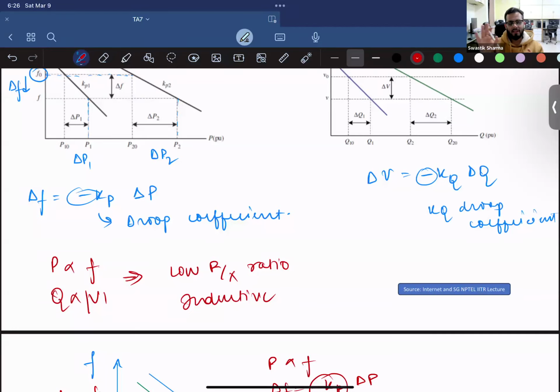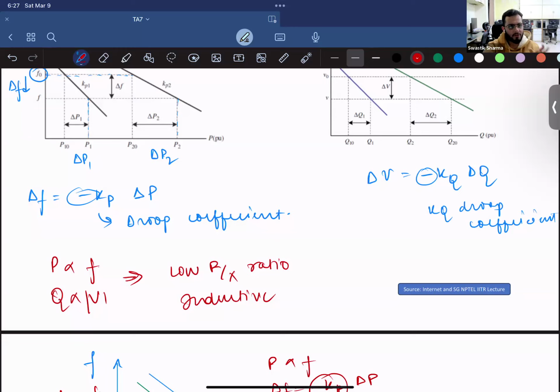Now, microgrids are mainly enabled at the distribution side. For distribution, this assumption of low R by X ratio doesn't hold true anymore. So the R by X ratio becomes higher, and with a high R by X ratio, we can't assume our impedance to be purely reactive. We have a resistive component to it as well.